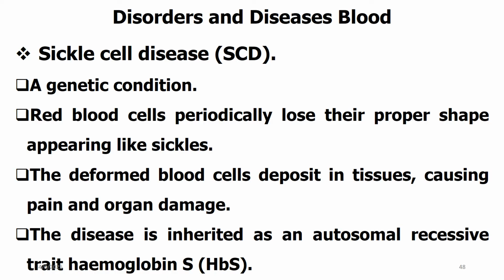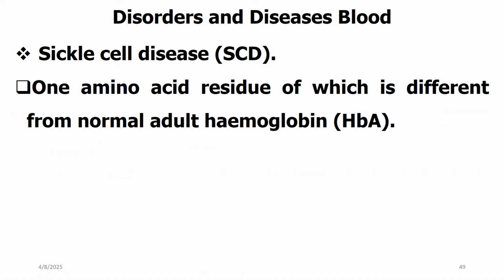The disease is inherited as an autosomal recessive trait of hemoglobin S. It is a disorder of one amino acid residue which is different from the normal adult hemoglobin A.